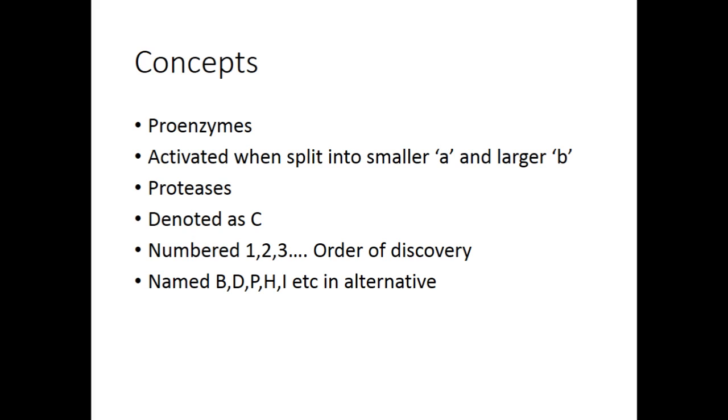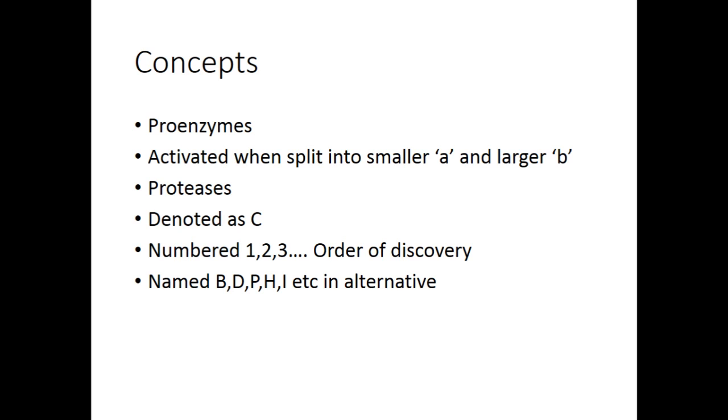By convention, the complement is denoted as C, and in the classical pathway it is numbered complement 1, complement 2, complement 3, based on the order in which they were discovered. In the alternative pathway, the nomenclature is a little different: we have capital B, D, P, H, and I. B and D are the active proteins.